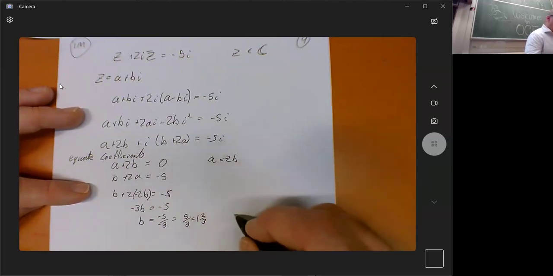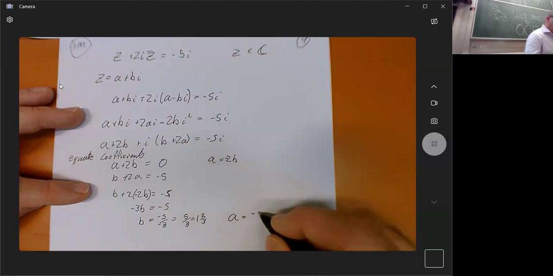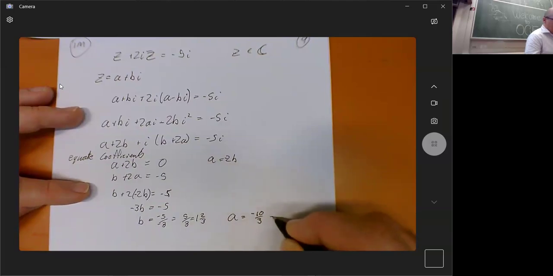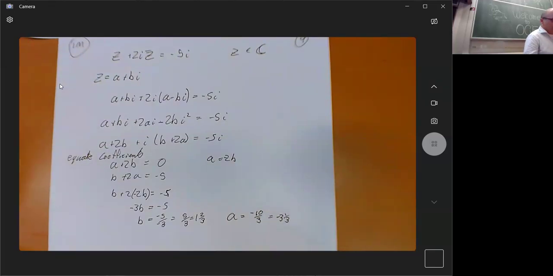And so a is equal to -10 on 3. It's a complex number. Okay, sure. Woohoo, everybody happy.